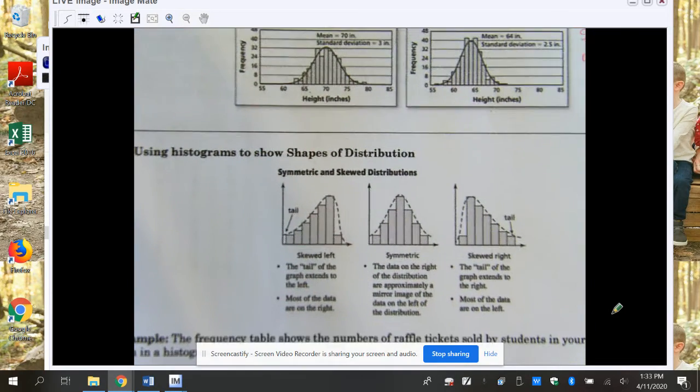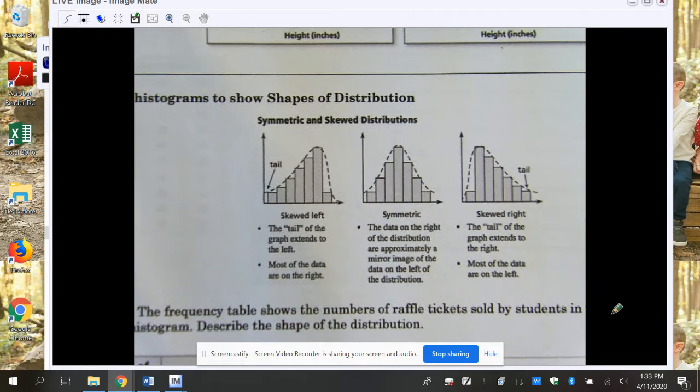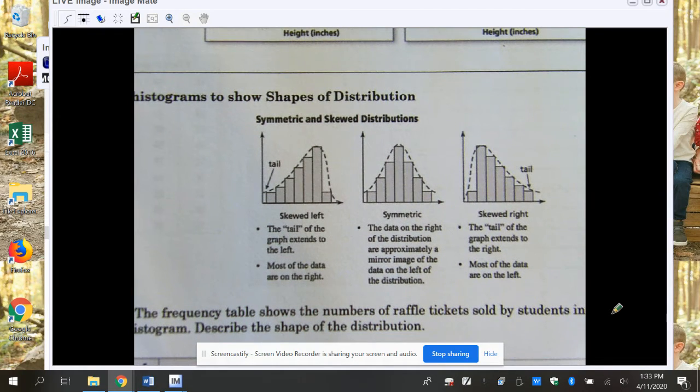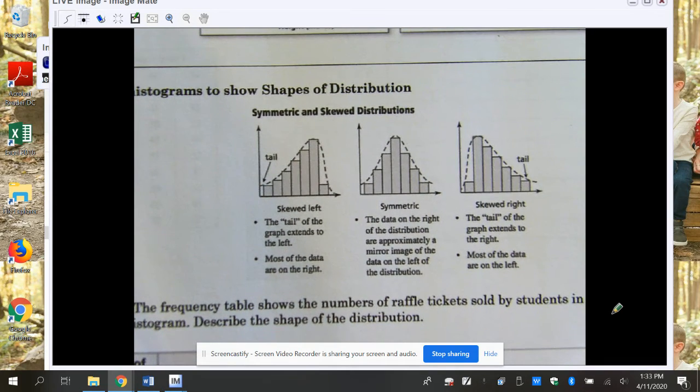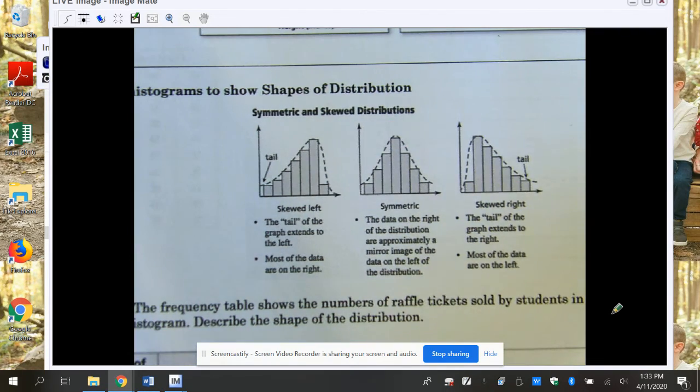So to add on to what we did yesterday with box and whisker, here are three different types of distributions. We still have the same titles: skewed left, symmetric, and skewed right.